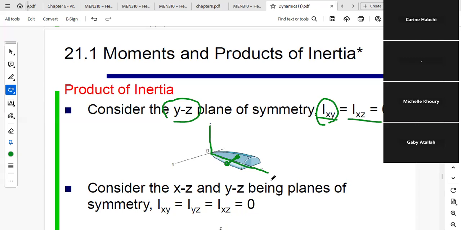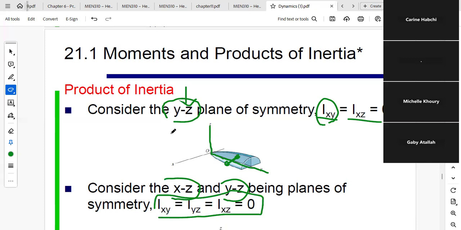Now, in case you have two planes of symmetry, so xz and yz are planes of symmetry, then you can deduce that the three products of inertia will be equal to 0. If you can find just one plane of symmetry, you can already deduce something. Here, for example, yz is a plane of symmetry.